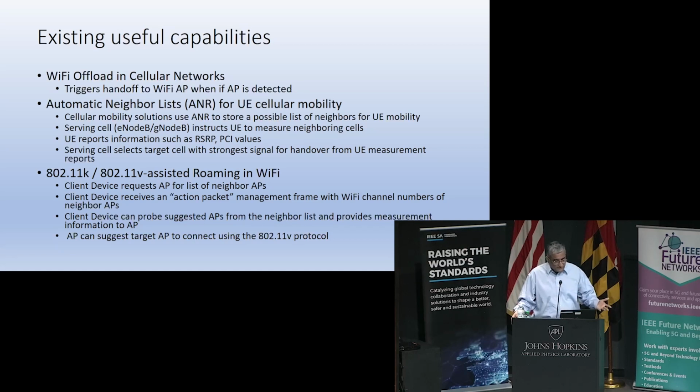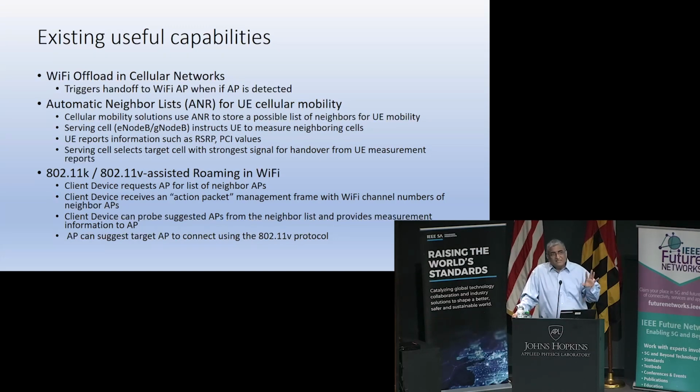In Wi-Fi, you have 802.11k, where the client device can request an AP for a list of neighboring APs. So the AP is maintaining a neighbor list, just like ANR for cellular mobility. And then the device receives an action packet, it's a management frame, which contains the Wi-Fi channel numbers for the neighboring APs.